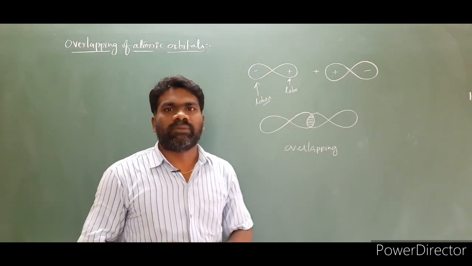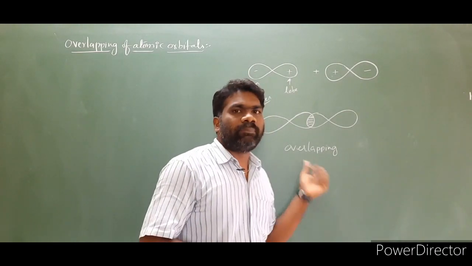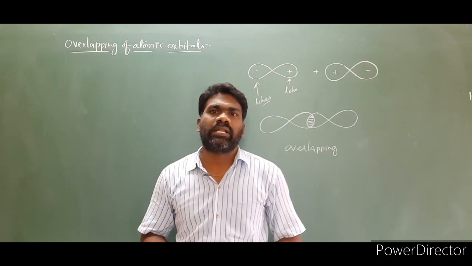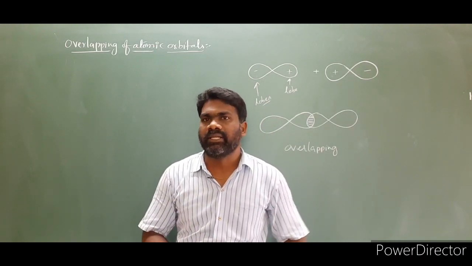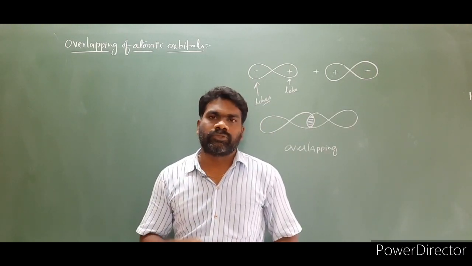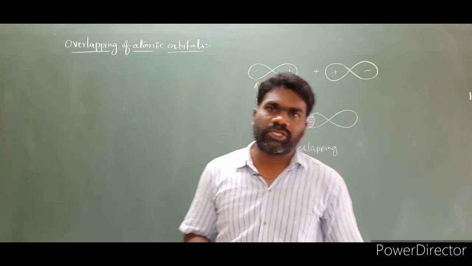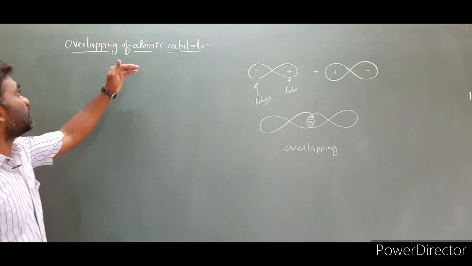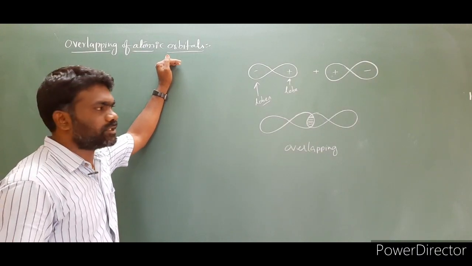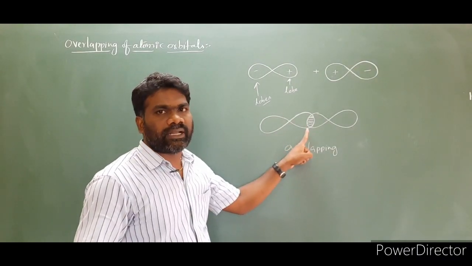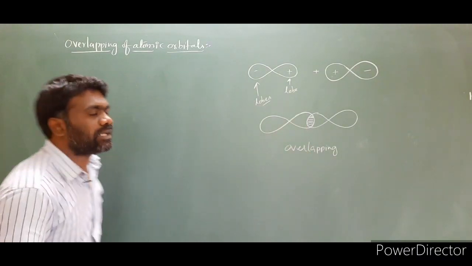When two atoms come close, the overlapping may be positive, negative, or zero. Let us discuss them. First, read the definition: the partial merging of atomic orbitals is called overlapping.